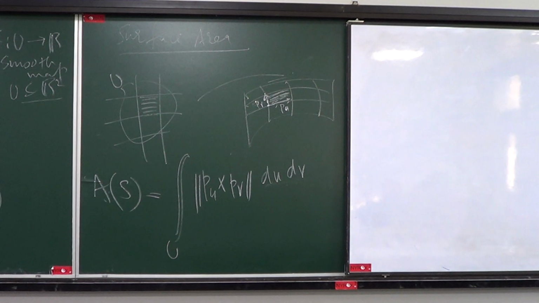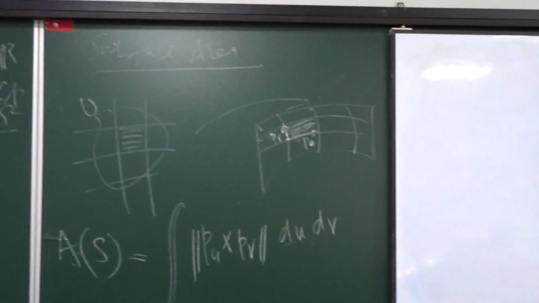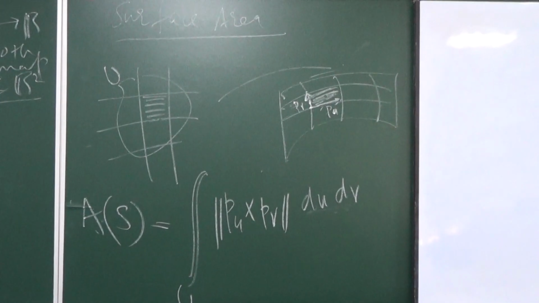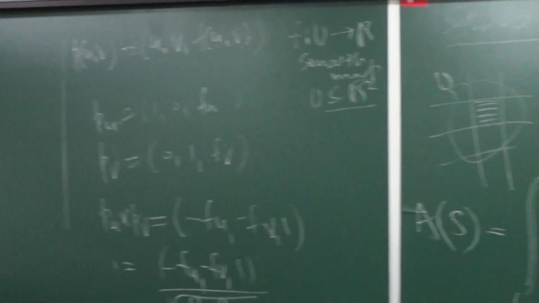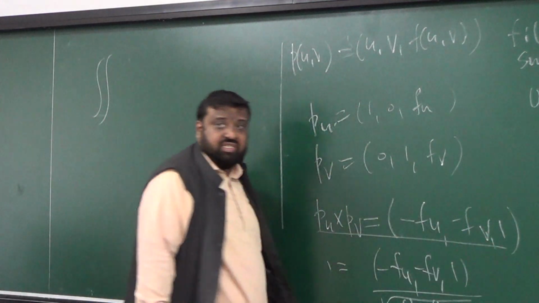So what would be the surface area of a graph surface? For the graph surface I know that Pu cross Pv is this.